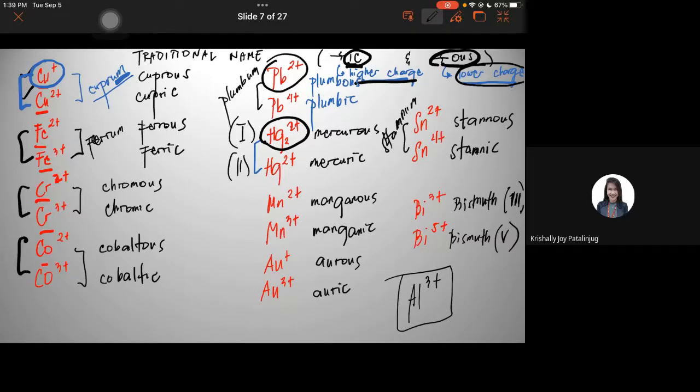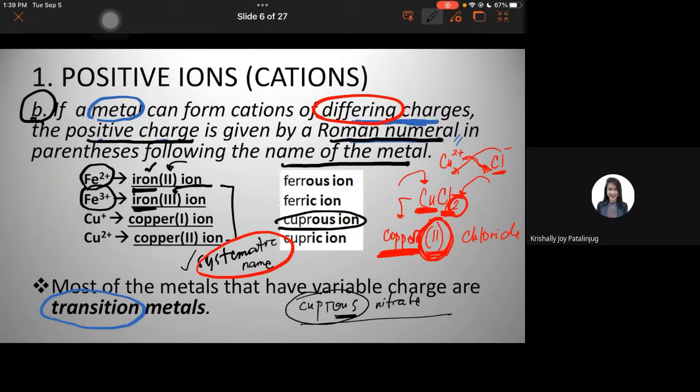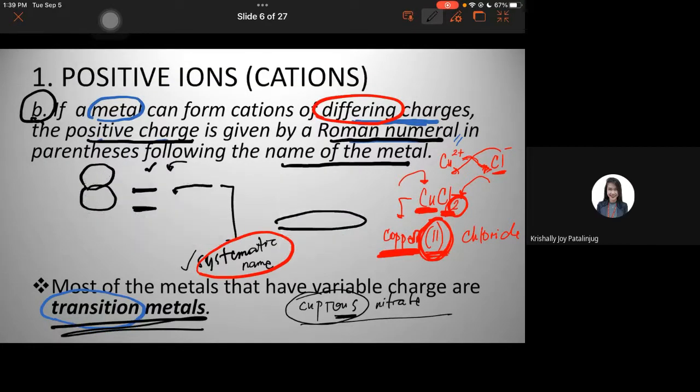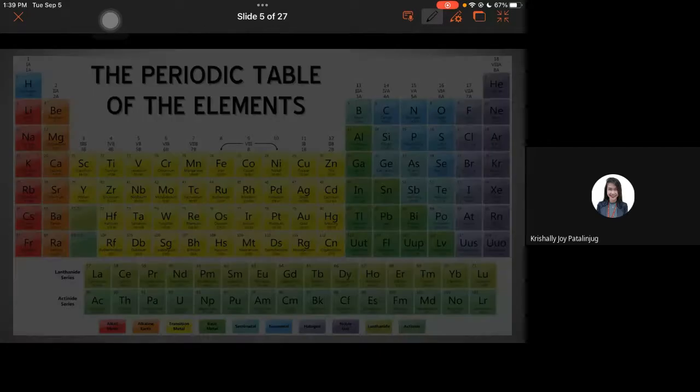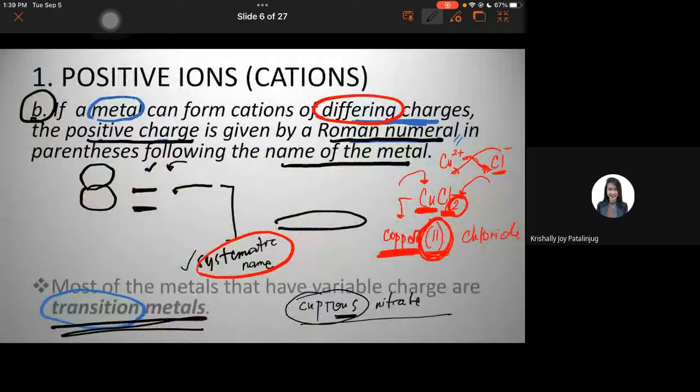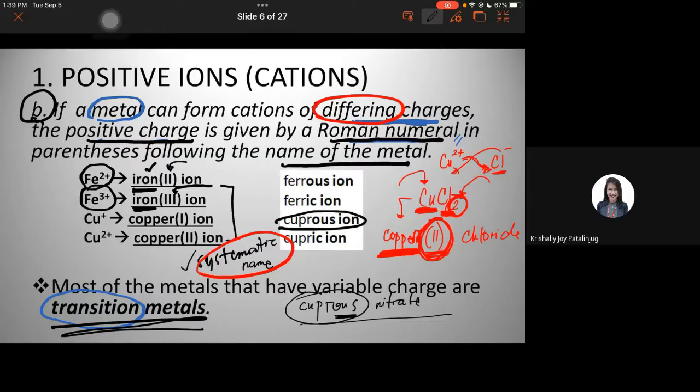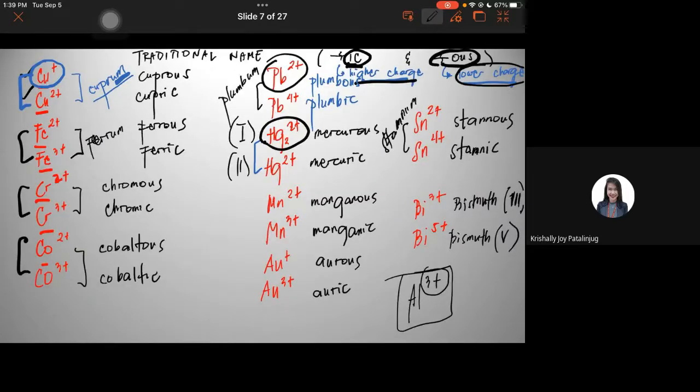It will only carry a charge of 3 plus, no other charges. It's not even part of the transition metals. Try to check your periodic table. Aluminum is not part of the transition metals, so it's not capable of forming varying charges. Okay? So that's it for the second type of cation.